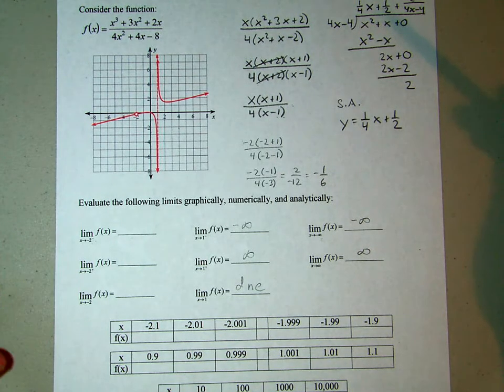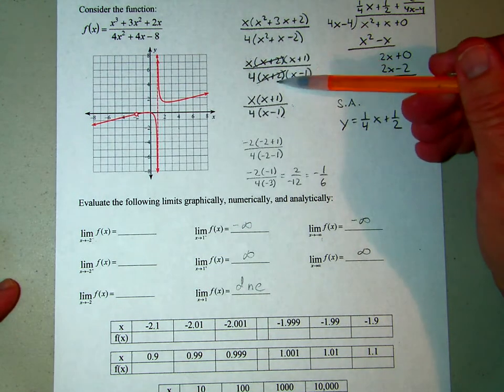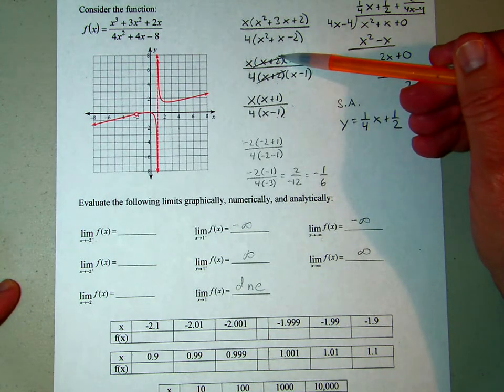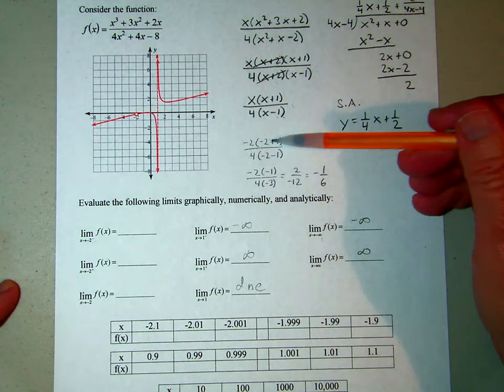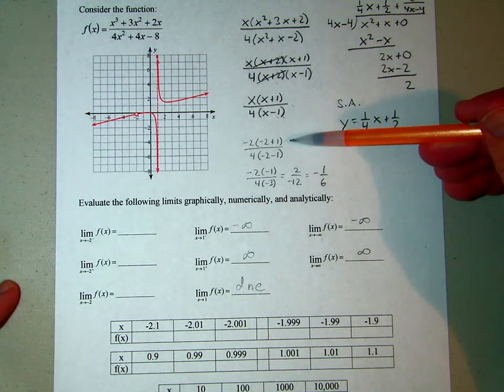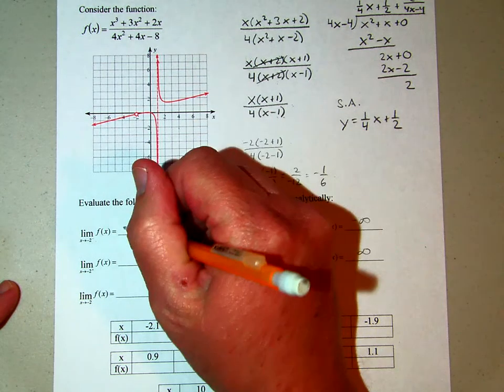All right, as far as answering the limit questions at -2, we know we have a hole at -2 because those x plus 2's canceled out. So what we can do to get the y coordinate of that hole is to plug the -2 into the simplified version. So after you plug it in and do your order of operations, we get -1/6.